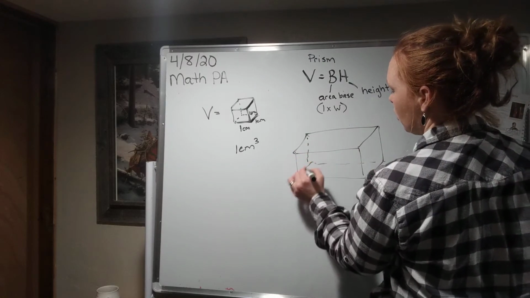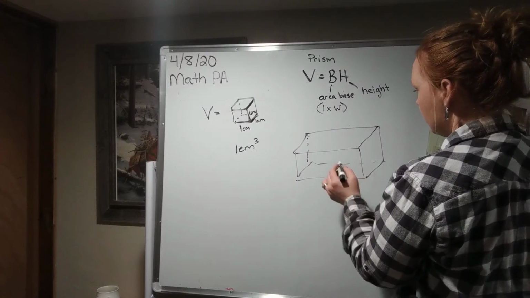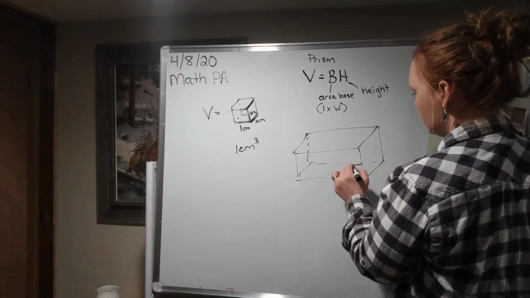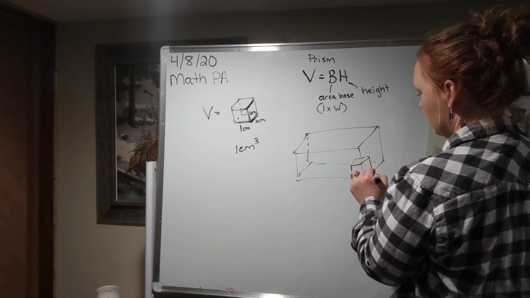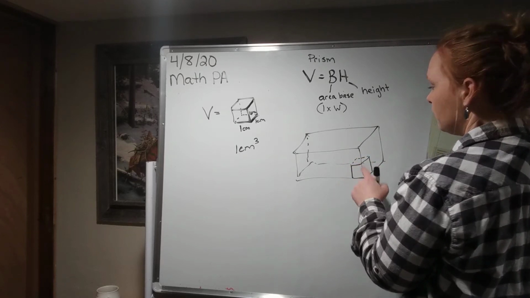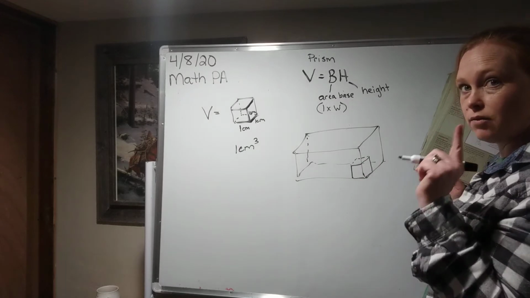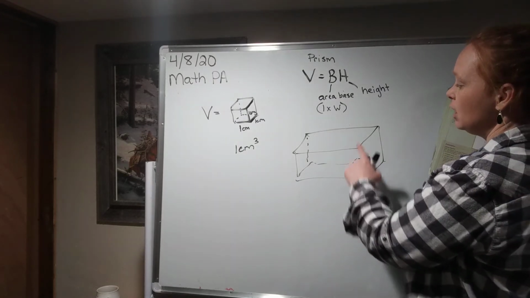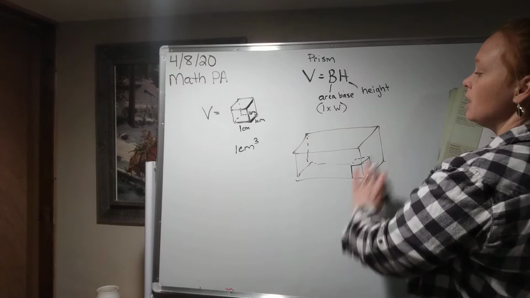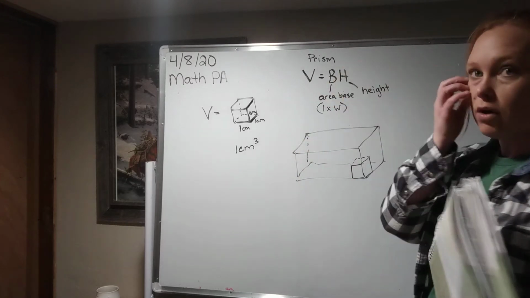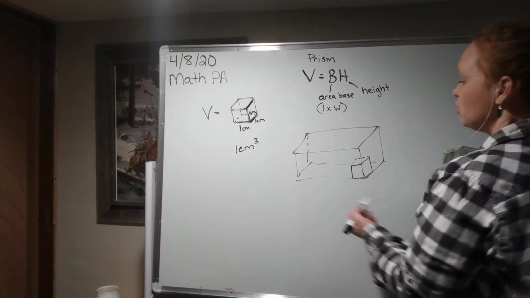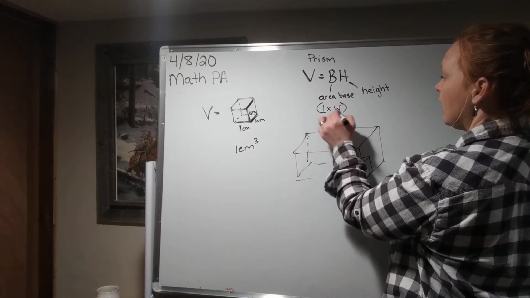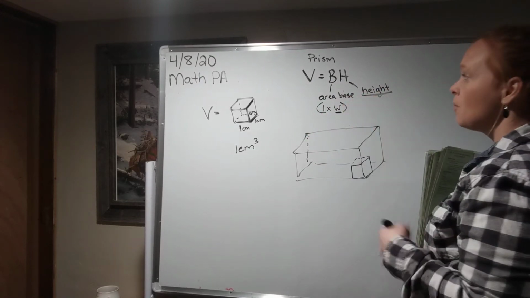I'm not going to draw all those cubes, but for instance, one cube maybe goes to here and it goes back like this, and that's 1 cube with a length of 1. I want to see how many cubes it's going to take to fill up this entire space, and that's my volume. So my volume is basically the measurements of the length and the width and the height multiplied together.